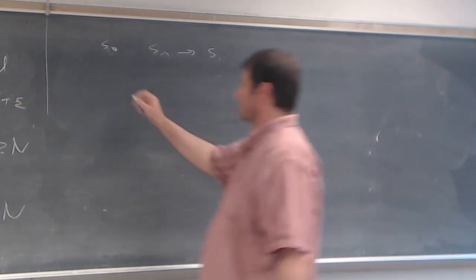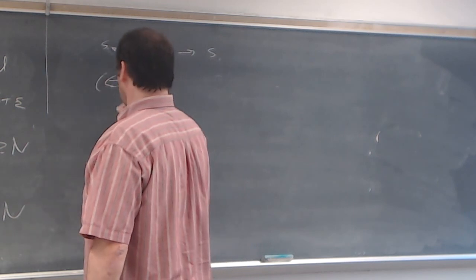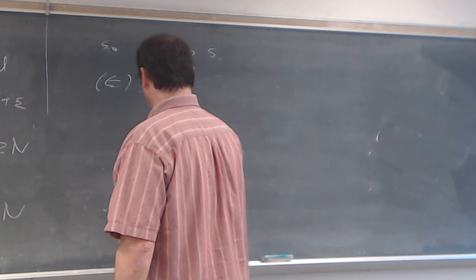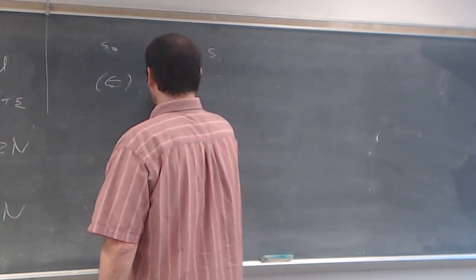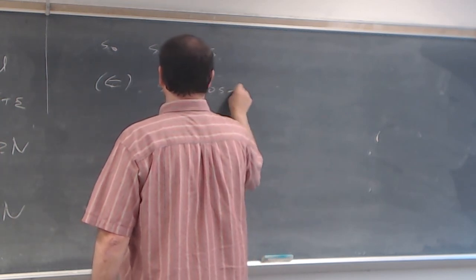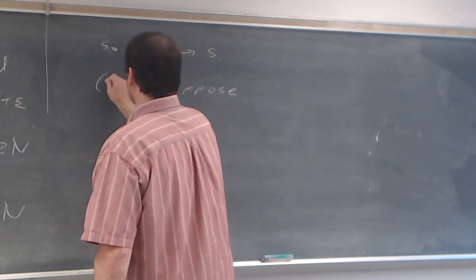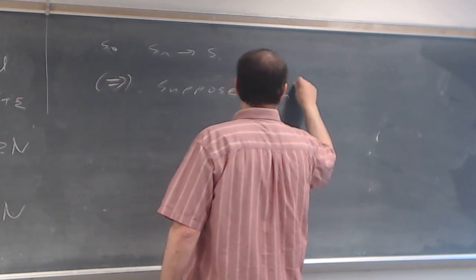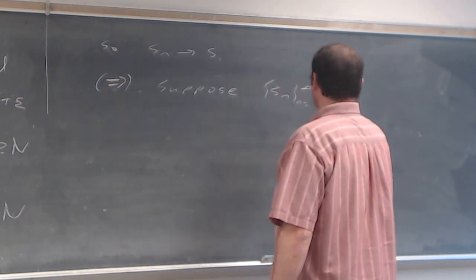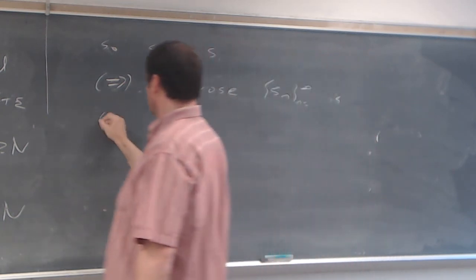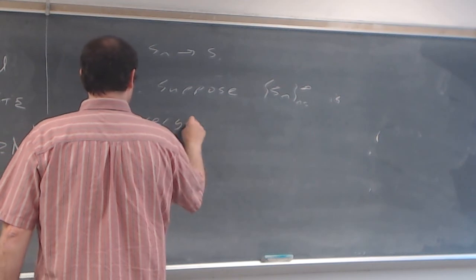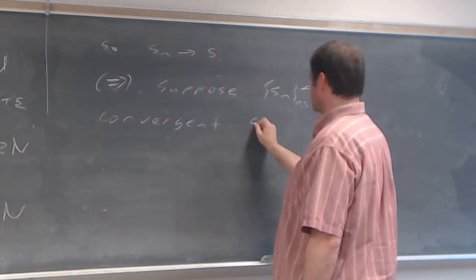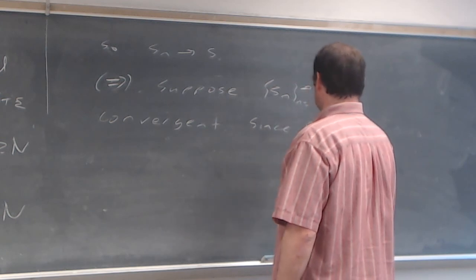The thing we have to show next, remember this is an if and only if statement, it's really easy, is if you're monotone and convergent, then you're bounded. That's this direction. We're assuming it's convergent, and we've already assumed it's monotone. Well, since S of n is convergent, it's bounded.